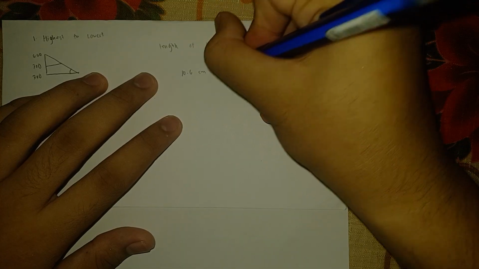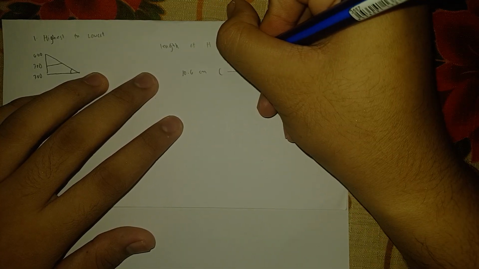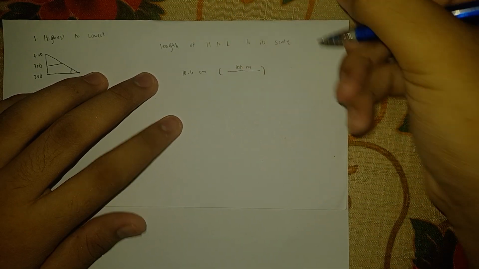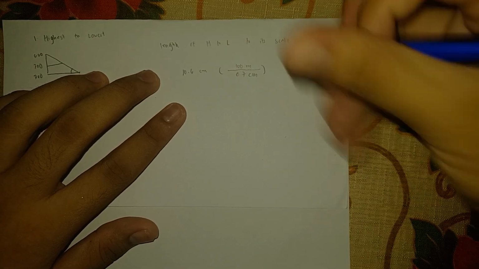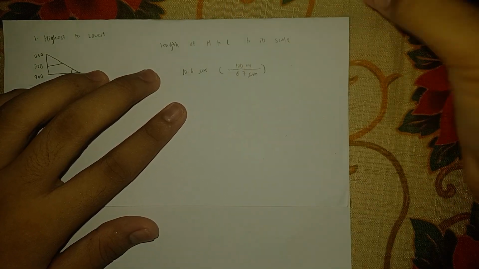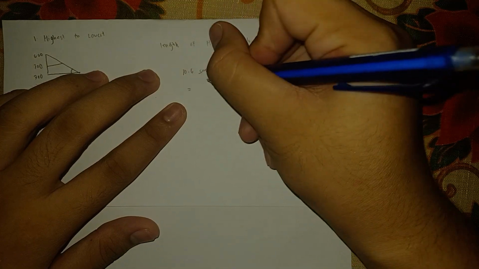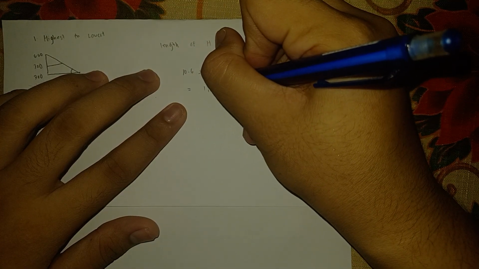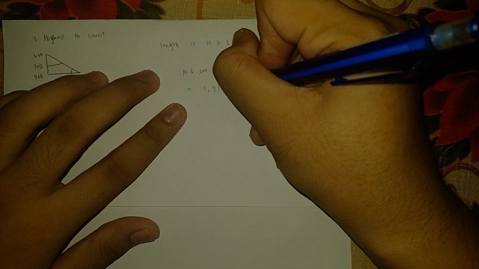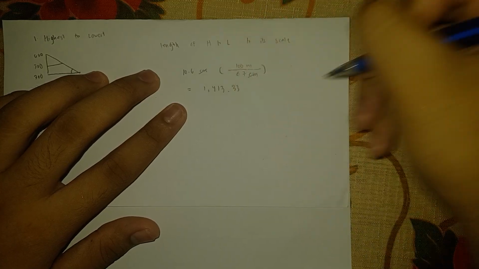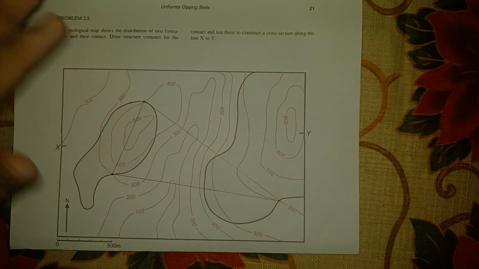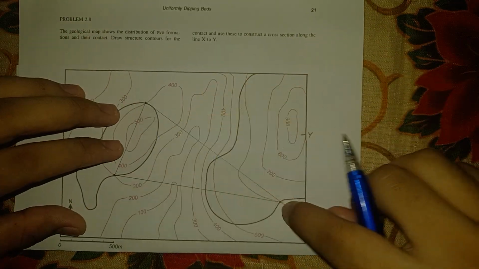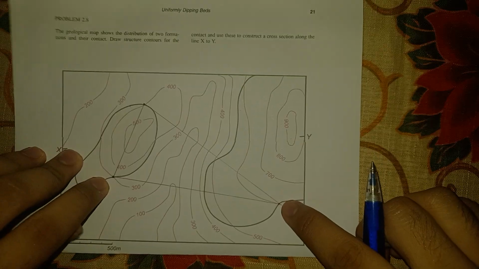We will convert that into its scale, which is 100 meters over 0.7 centimeters. Like that, cancel, cancel. That gives us 1,413.33 meters. If it's the actual field, this is actually 1,413.33 meters.